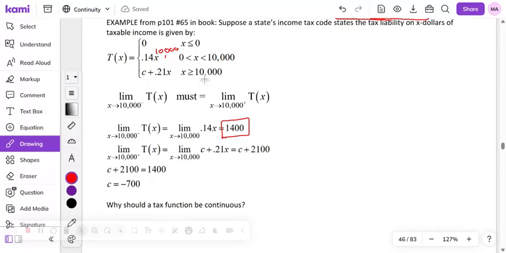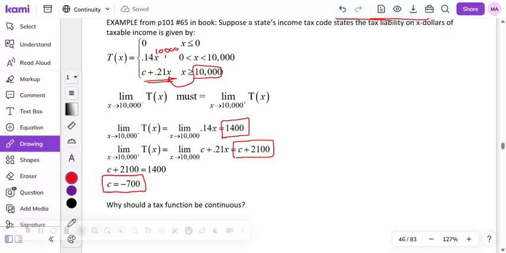From the right, if we put 10,000 in for x, we get 2,100 plus c, right? So now we'll set those two equal to each other and solve. Our c value would be negative 700. So that's what's going to make our function continuous.